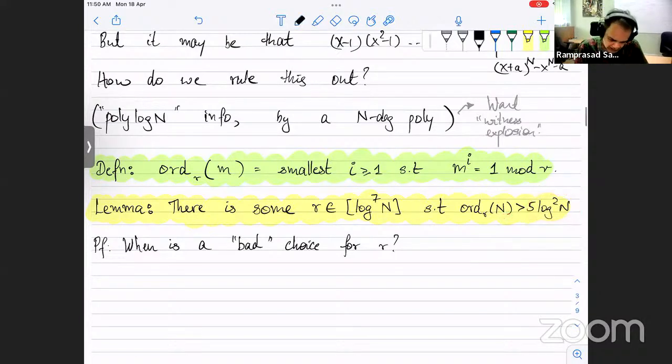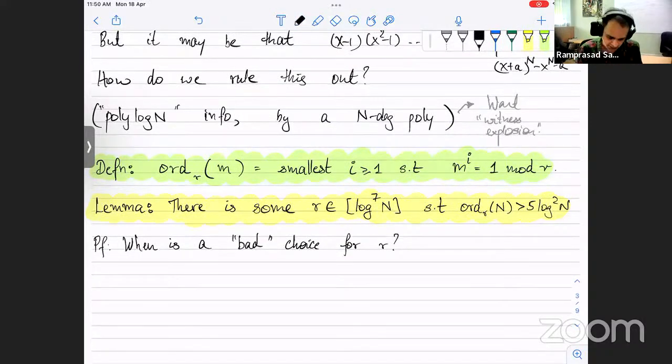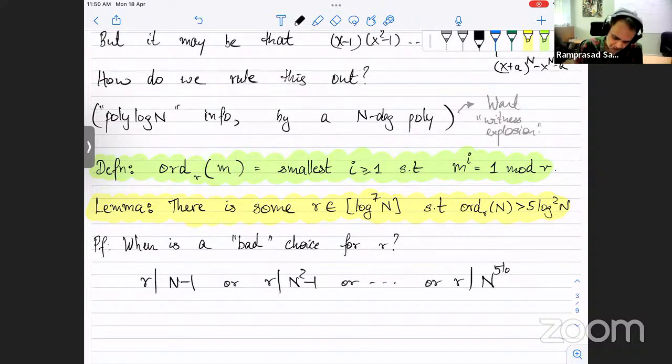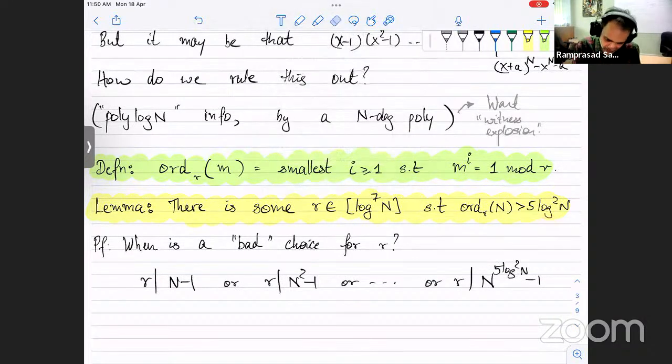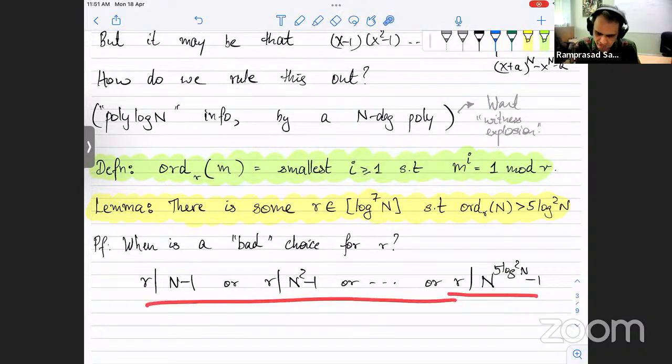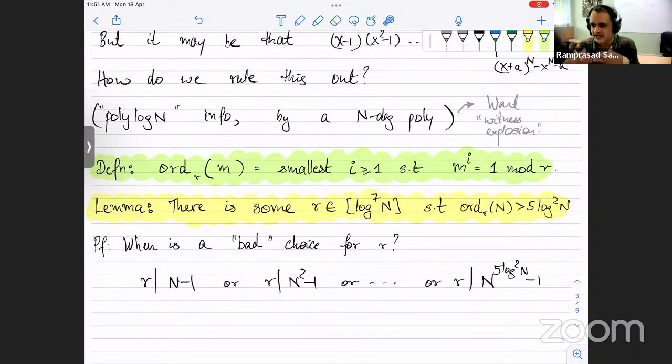That means that one of the following must happen. Either R divides n minus 1, or R divides n squared minus 1, or R divides n to the power, whatever, 5 log squared n minus 1. I want the order to be strictly bigger than 5 log squared n. So these are all choices of R where the order of n will actually be smaller than our target.